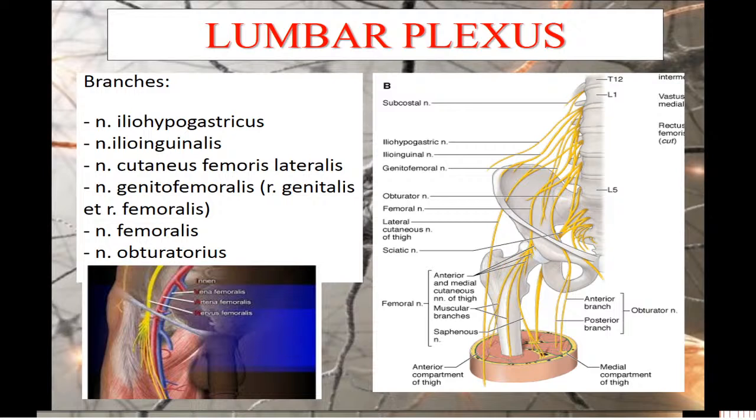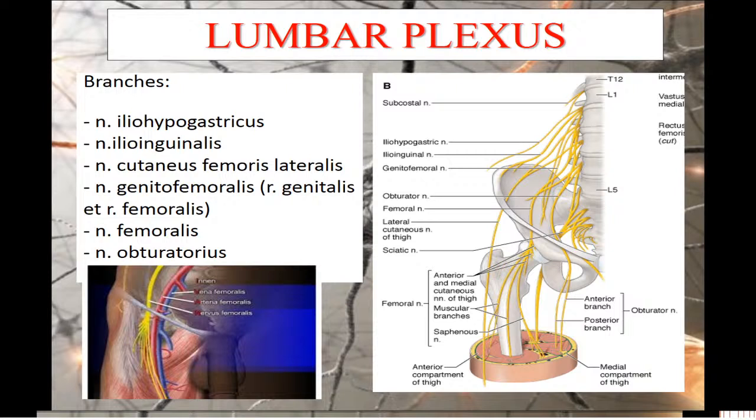And represented biggest muscle is quadriceps femoris muscle, formed by the 4 muscles, vastus medialis, vastus lateralis, vastus intermedius, and rectus femoris muscle, supplied by the muscular branches of femoral nerve.